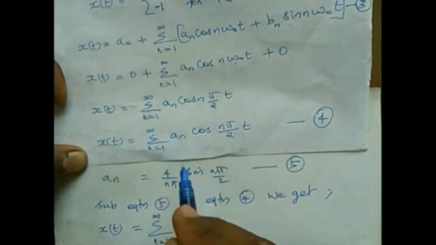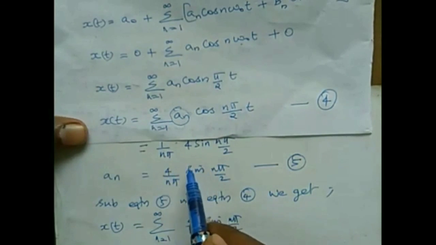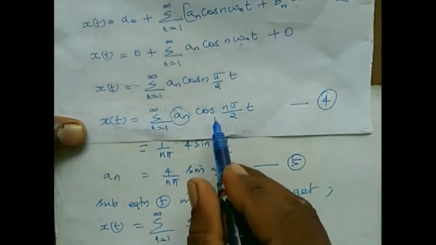Instead of a_n I'm going to put 4 by n pi sin n pi by 2, followed by cos n pi by 2 t.